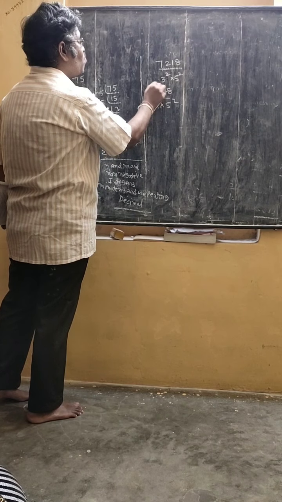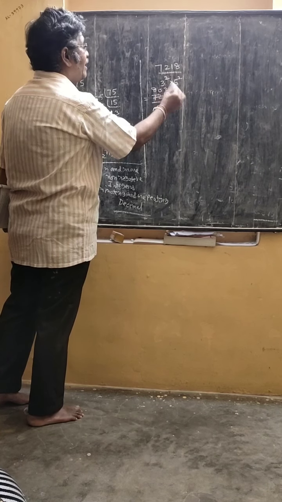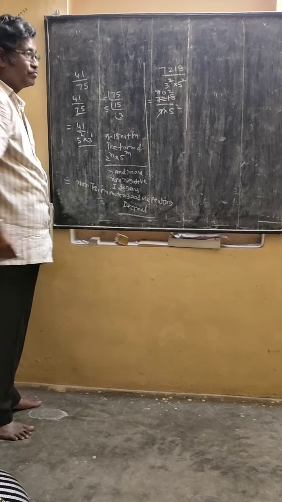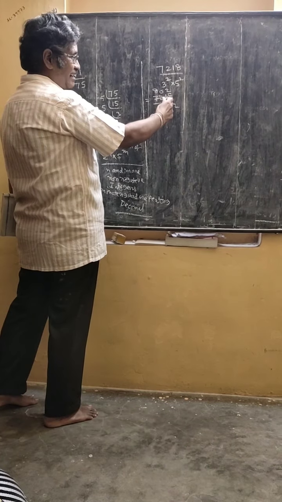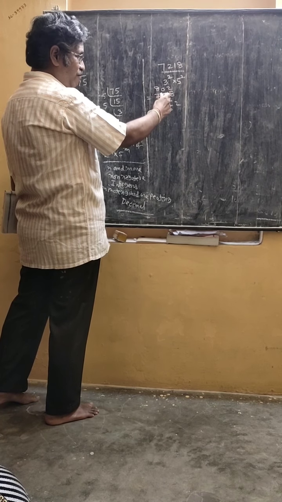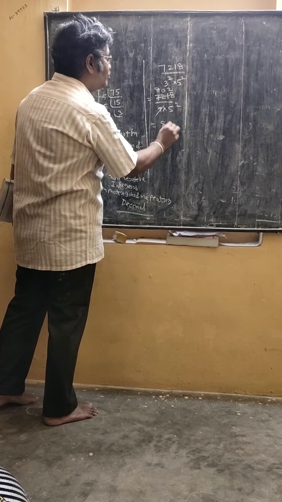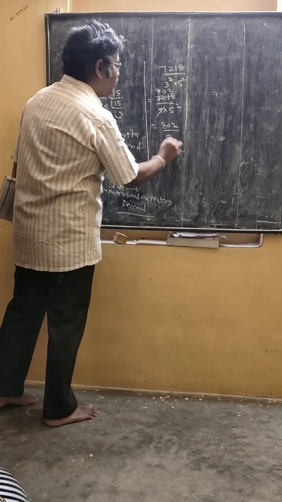Simplify it here. 9 8s are 72. 9 2s are 18. So what we got here? 8 by 5 square.